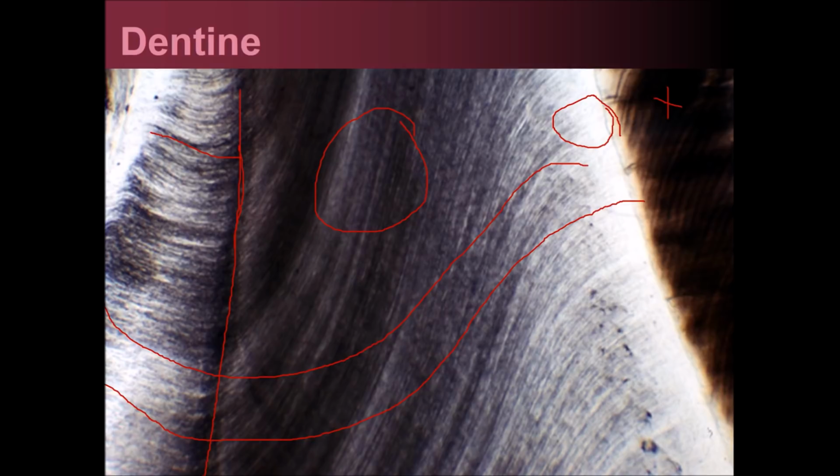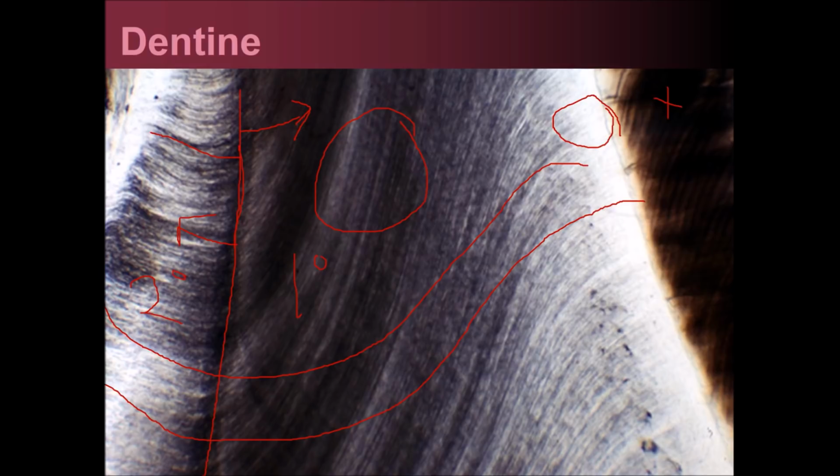So all the dentin produced before root completion, we call primary dentin, including the mantle and the circumpulpal. And all the dentin produced after root completion, we call secondary dentin. So this area is the primary, and this area is the secondary dentin.